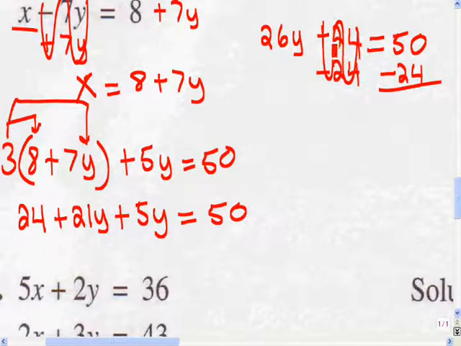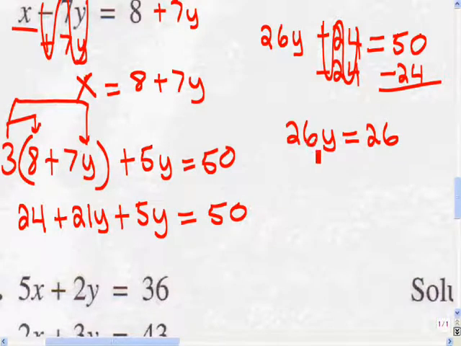So since I subtracted 24 from this side, I've got to subtract 24 from this side. What I have left is 26y equals 50 minus 24. Now, I know that 50 minus 25 equals 25, so 50 minus 24 has to equal 26. If you don't believe me, do it on your calculator. If not, grab your phone and use that calculator.